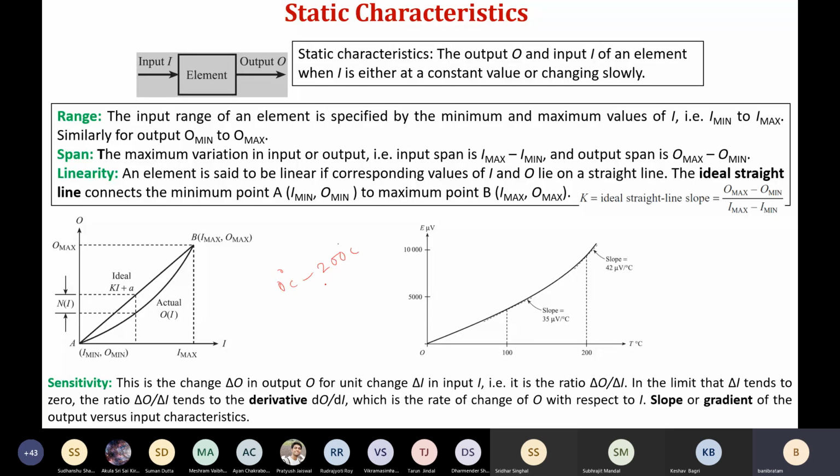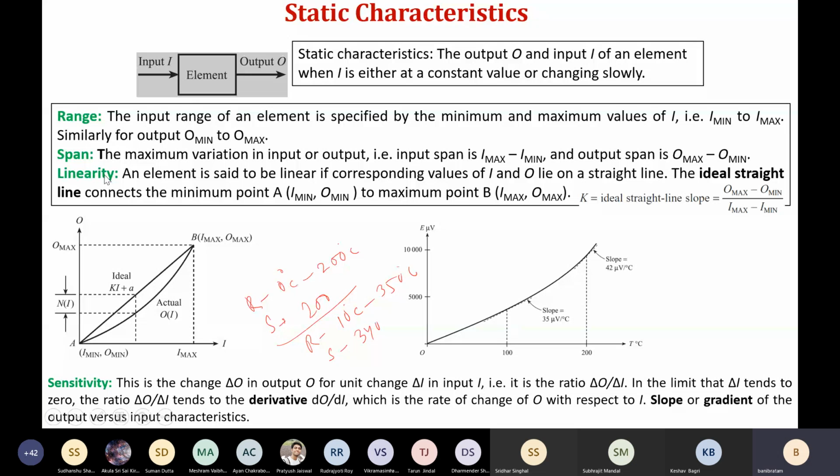And what is your span? Span is this maximum value minus the minimum value. So 200 minus 0, that is simply 200. Similarly, for another example where the range is 10 degrees to 350 degrees, what will be the corresponding span? Span will be 350 minus 10, so simply 340. These are the meanings of range and span.